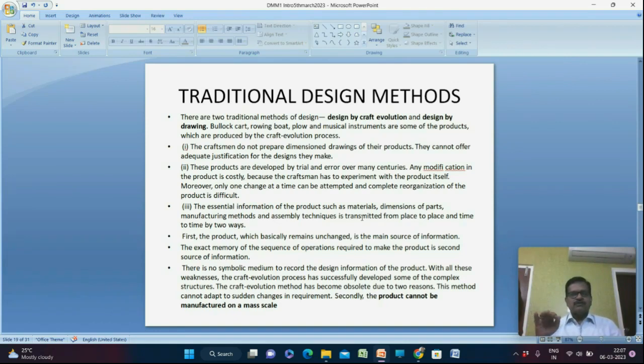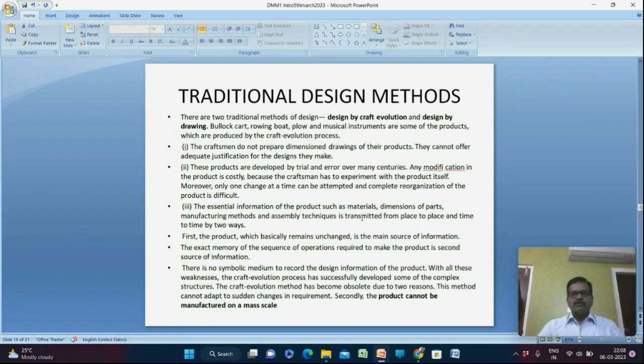Such instruments are produced by the craft evolution process. The craftsmen do not prepare dimension drawings. They cannot offer adequate justification for the designs they make. These products are developed by trial and error over many centuries.